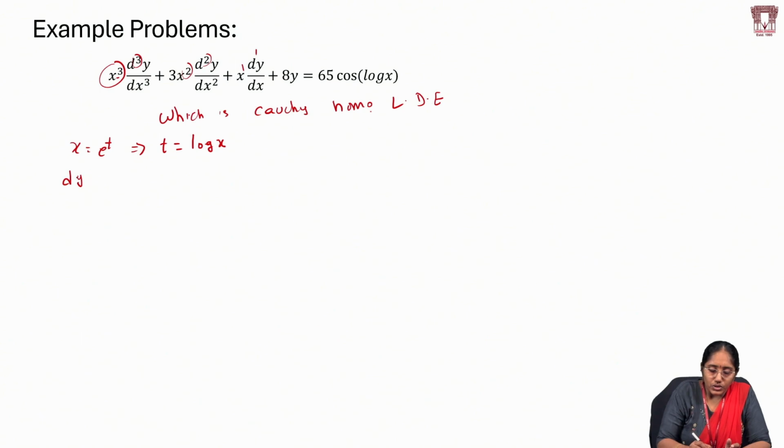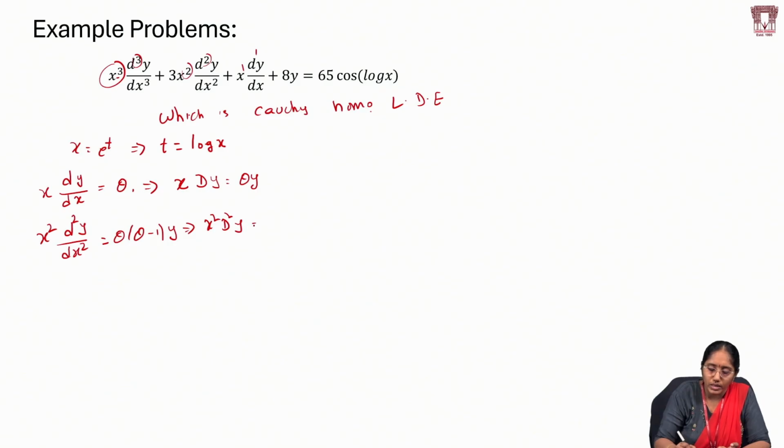Now we already discussed the value of dy by dx. x dy by dx is theta, or in short form x capital D y is replaced with theta y. x square d square y by dx square is replaced with theta into theta minus 1 into y.